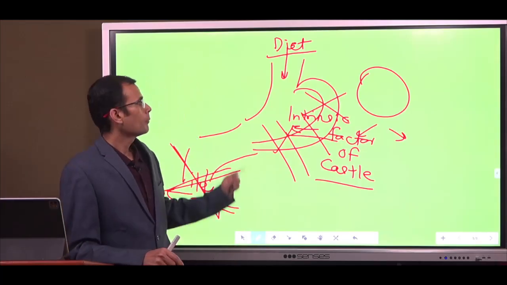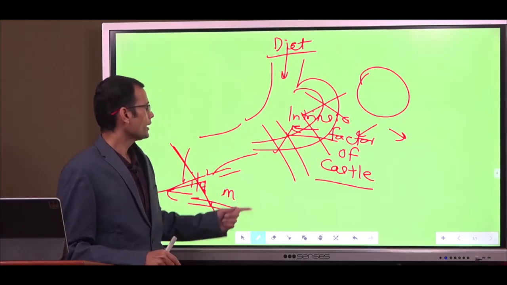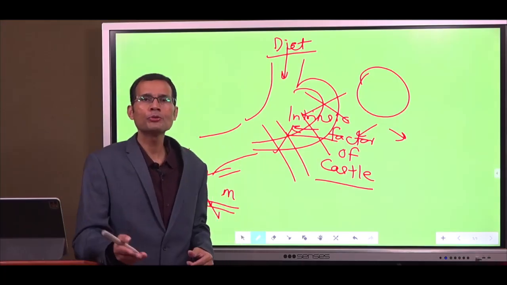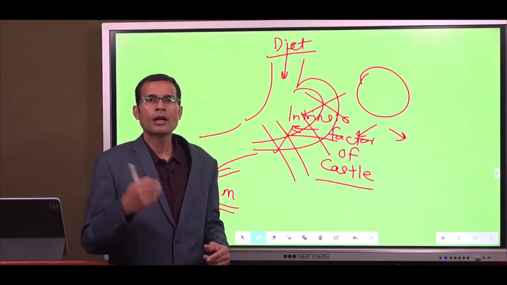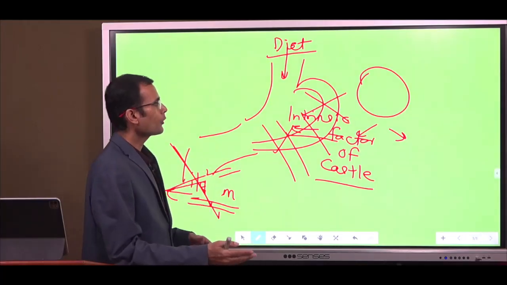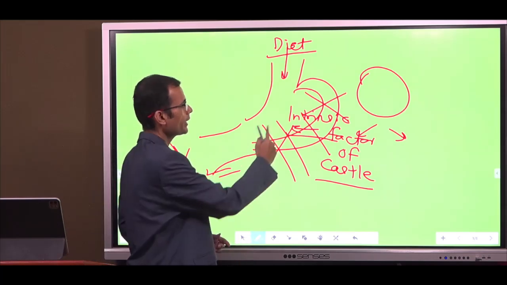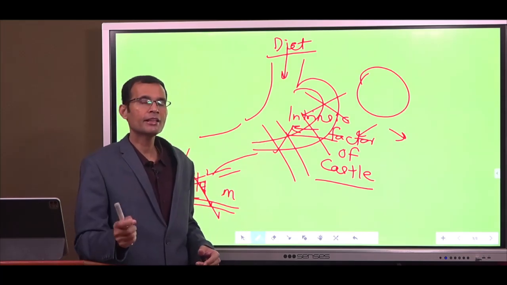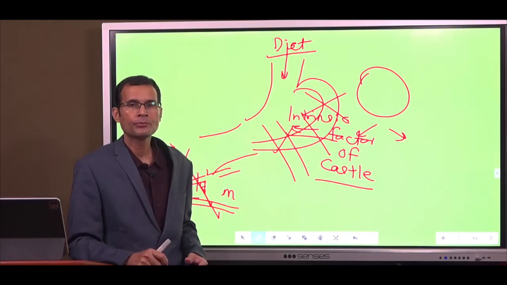So remember, pernicious anemia generally results from an autoimmune origin, where antibodies are developed against the parietal cell that synthesizes and secretes intrinsic factor of Castle.